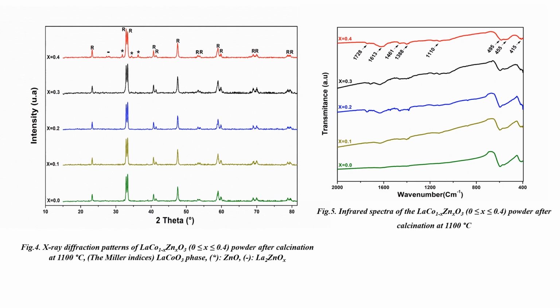The weak absorption bands appearing between 1110 and 1728 cm-1 most likely correspond to the vibration of the perovskite crystal lattice. These results reconfirm the formation of the perovskite structure and support the results found in the X-ray diffraction.